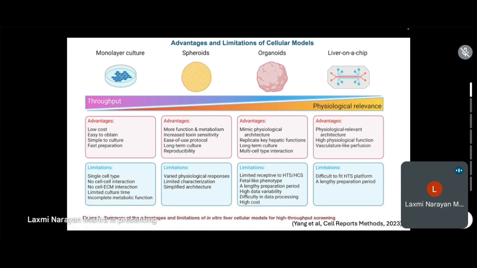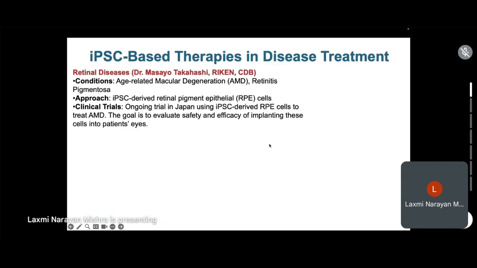So there is high data variability because it depends on whether the cells have a stemness property or not. That matters a lot in organoids, and lab to lab variation is much more. So this is one challenge that we have in organoid and spheroid systems.